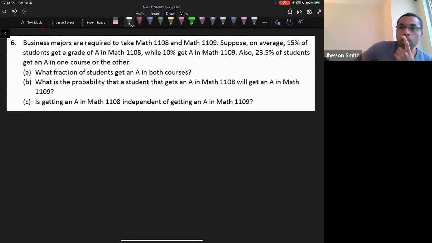So we know the drill for getting into probabilities. The first thing we do is set up our variables, which in this case are our events.